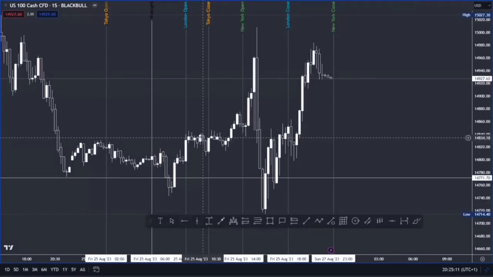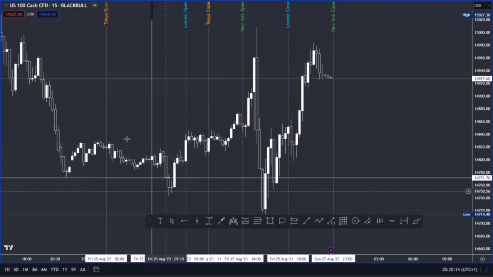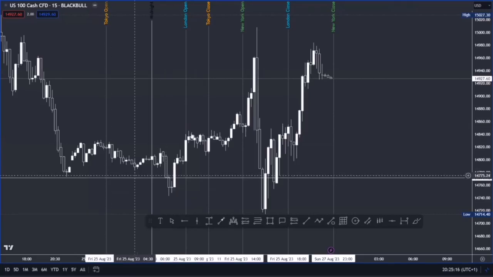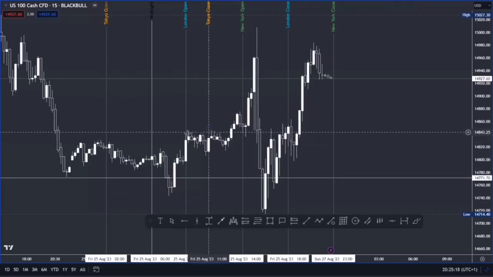And where was the lowest point in the Tokyo session? I would suggest from here to here, this was the Tokyo high, as was the Tokyo high, as well as the London high.